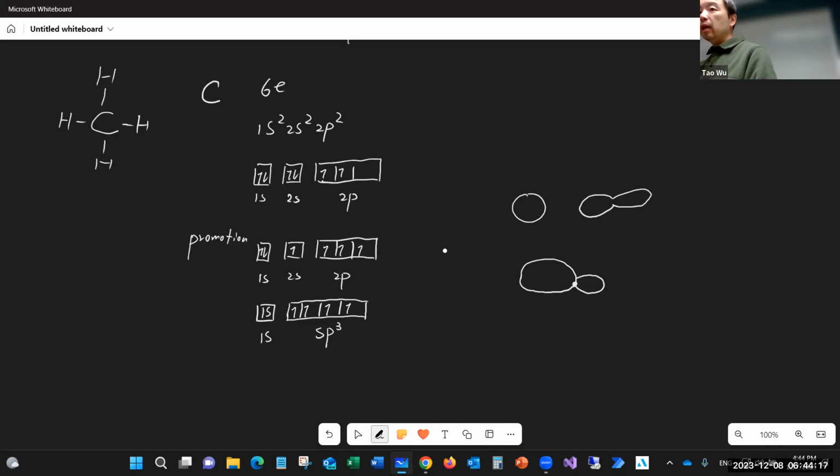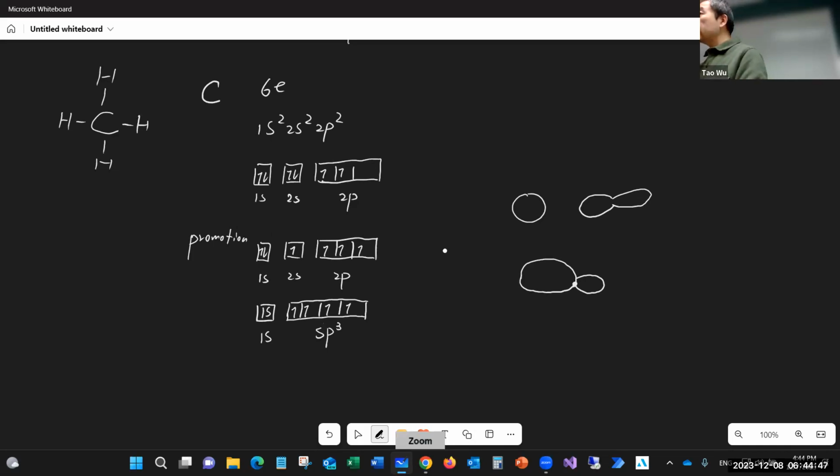This carbon has 4 bonds, which is 4 electron domains. Then that's going to be sp3 hybridization because it has one s orbital and 3 p orbitals. You see, because p has three of the p. So 1 s orbital and 3 p orbitals hybridized together, making 4. So 4 electron domains will give you sp3 hybridization.